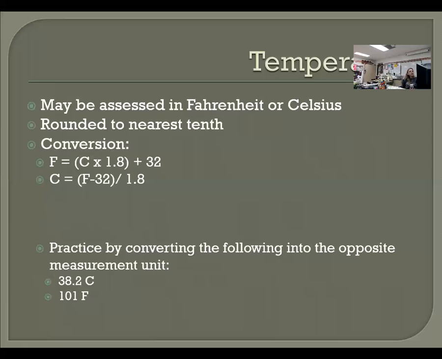So for 38.2 degrees Celsius, you should get 100.8 Fahrenheit. And then for 101 Fahrenheit, you should get 38.3 degrees Celsius.